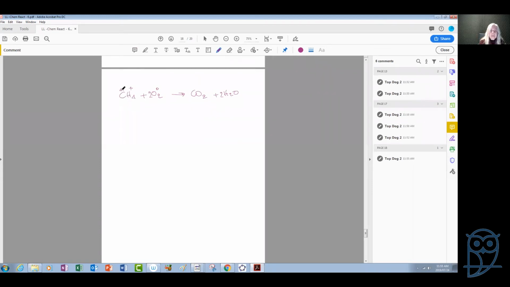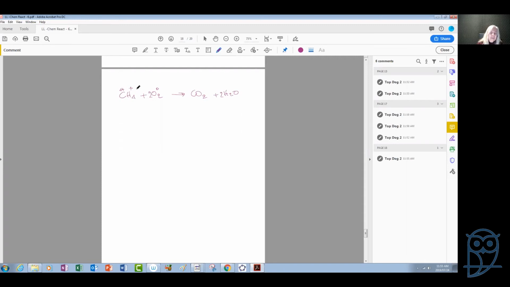Because remember, the whole compound must be neutral. So 4 atoms, each with +1 oxidation state, plus the oxidation state of carbon, altogether must give us 0.